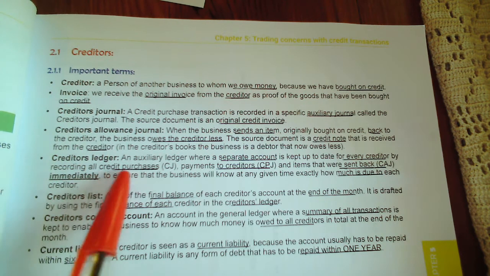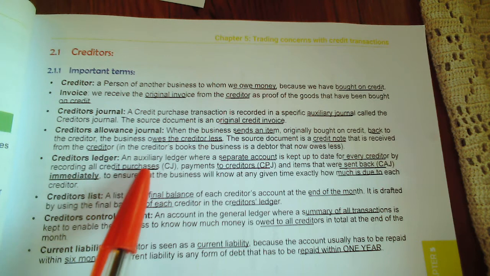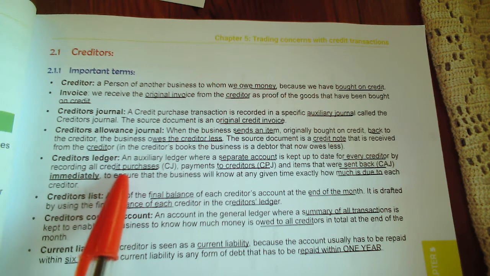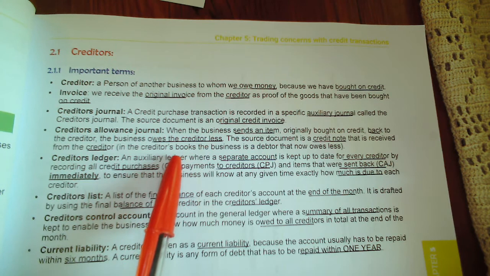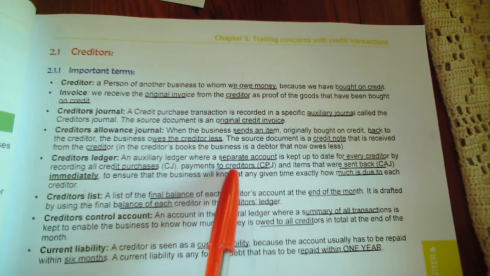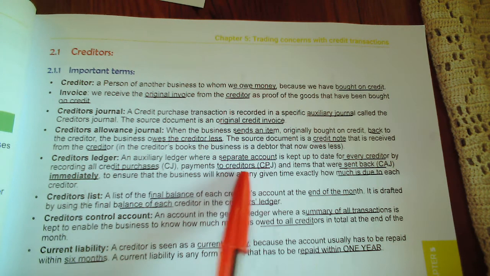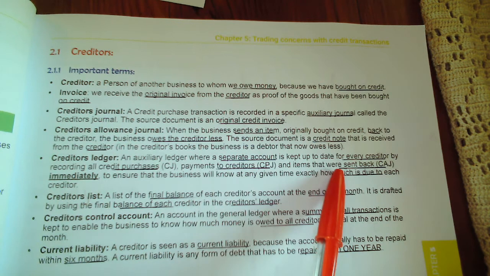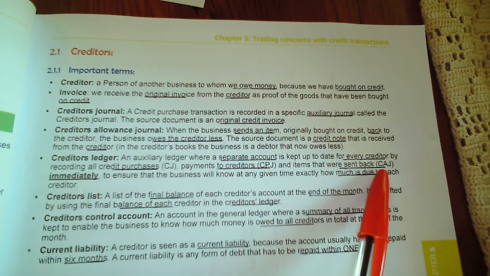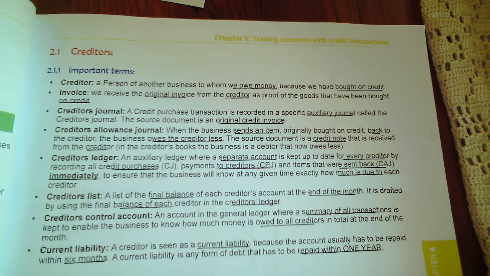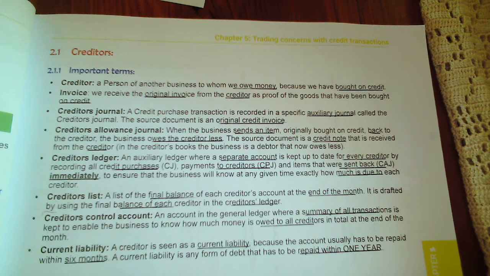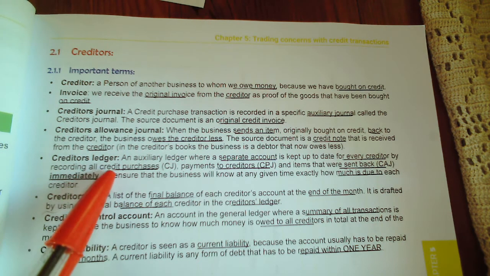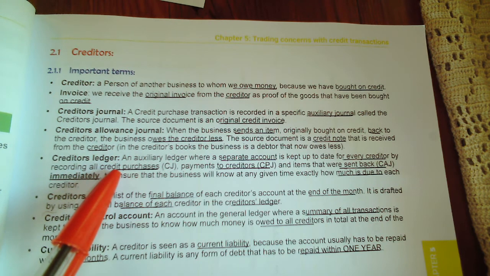In each of these accounts is shown the credit purchases where we buy on credit from that person, also the payments in the CPJ when we pay that creditor, and also when we send back goods in the creditor's allowances journal.